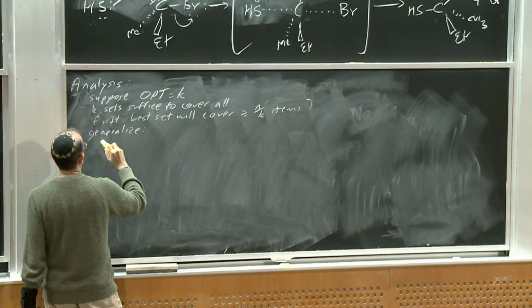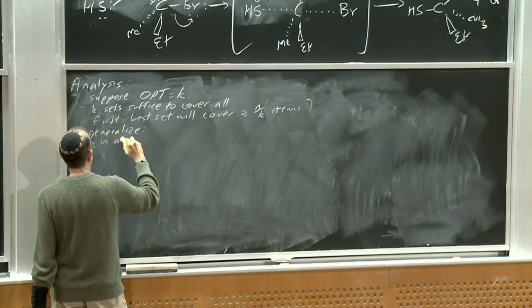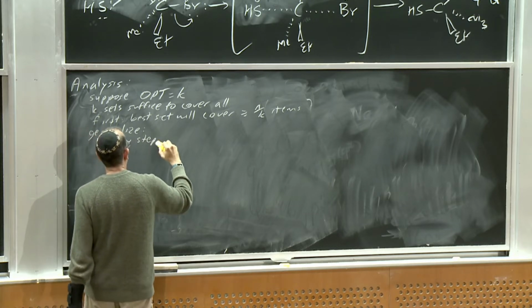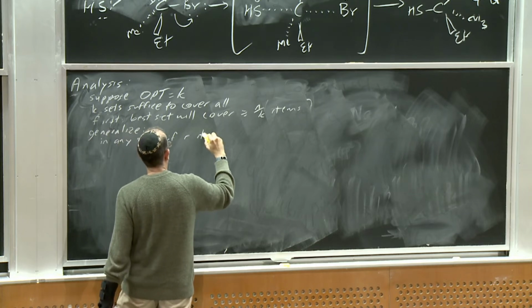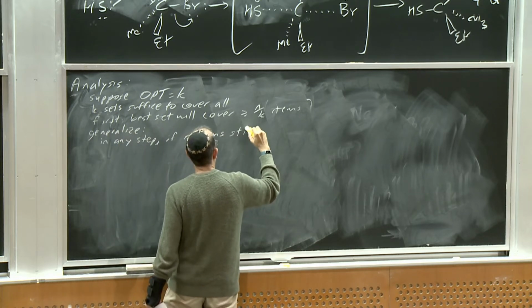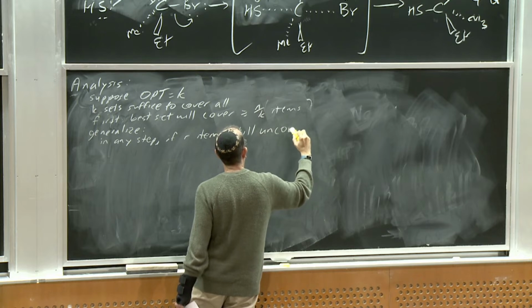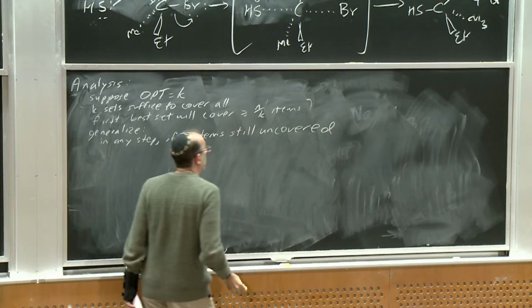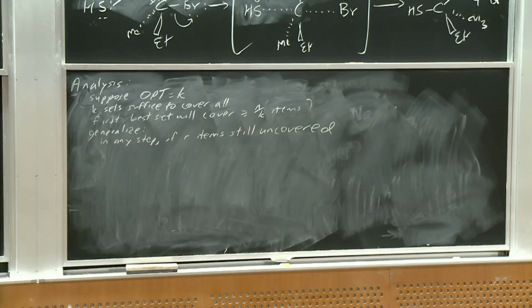Okay, in any step, if R items are still uncovered, then what do we know when we do our greedy selection? This is a little confusing. We might have already picked some of the optimum sets, or we might not, because we don't know what the optimum is. Exactly.